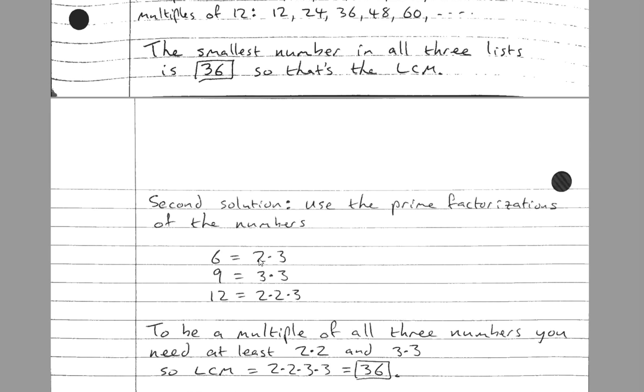So if you're looking for a multiple of 6, 9, and 12, in terms of twos, it has to contain not just one 2, it has to contain two 2s, so 2 times 2.